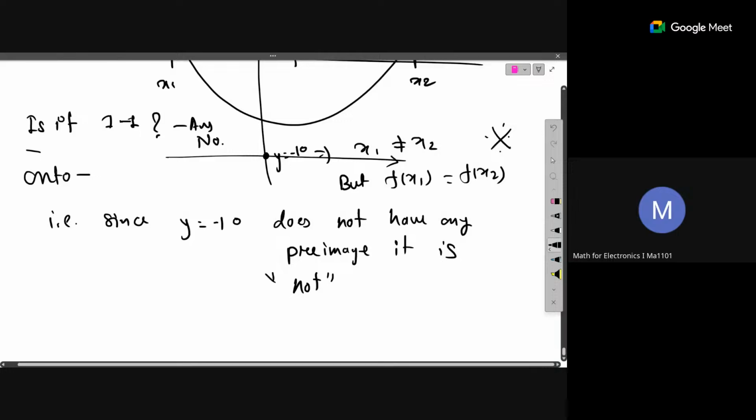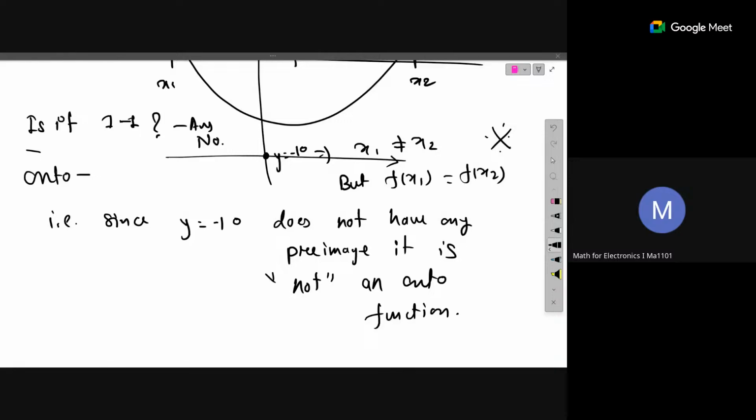Sorry, not an onto function. Right? Onto function means for every element we need a pre-image. But here this y equal to minus 10, and so many points, you take any point over this negative axis, this does not have any pre-image. So it's not an onto function. Is that clear?